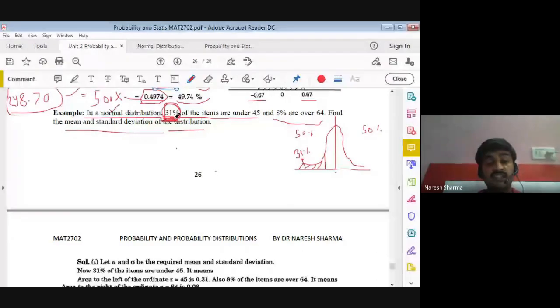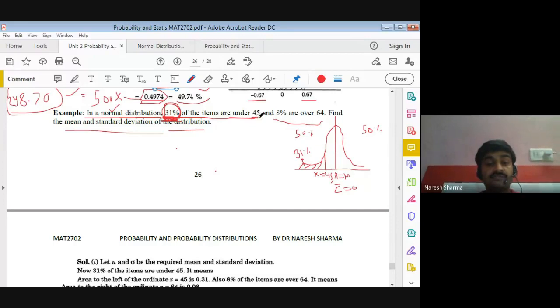So it says 31% of items are under 45. Under 45 means at this point x is 45. This is a table for the normal distribution, and in standard form, we know that at the center point x is equal to mu and z is 0. But here only the value of x is given.